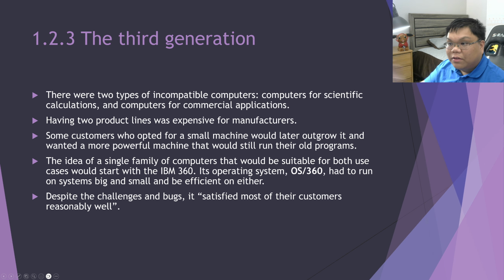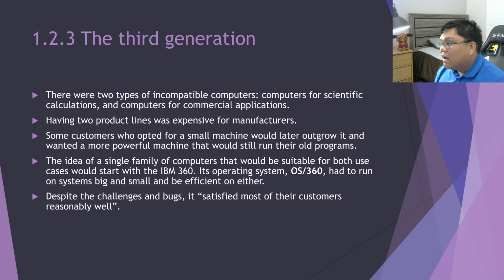At this time, there were two types of incompatible computers: computers for scientific calculations and computers for commercial applications. Having two separate product lines was expensive for manufacturers, and some customers opted for a smaller machine and would later outgrow it and need a machine that's more powerful than the one they originally got.